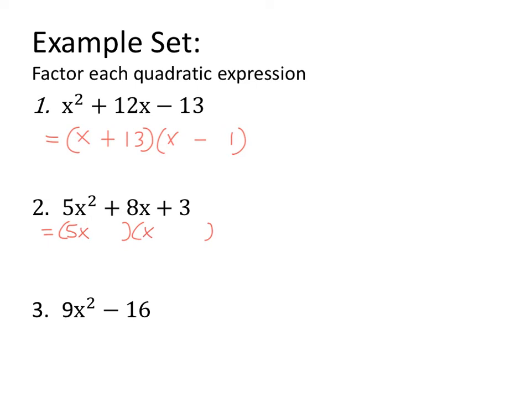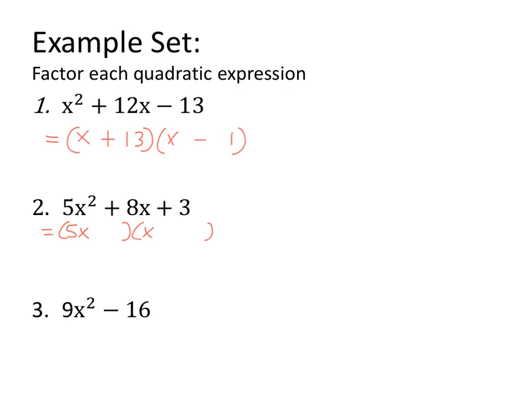And then as I look at this 3, that's kind of nice to deal with because the only way to break that up is 3 times 1. So it's really just a matter of deciding where to put the 3. Should I put the 3 there or should I put the 3 there? Let's look at both cases and see what happens.